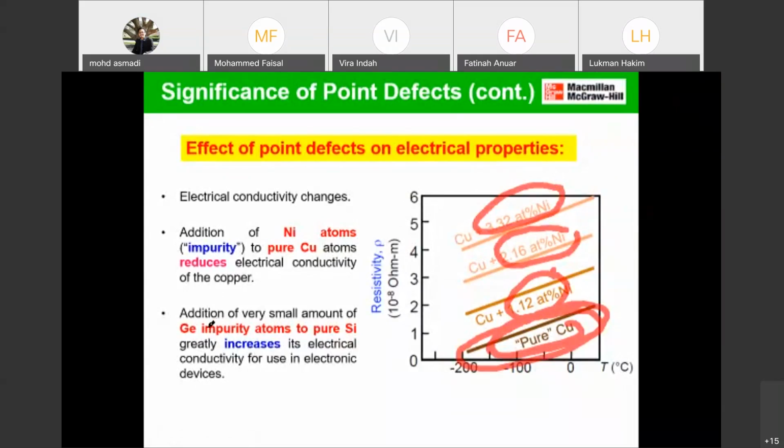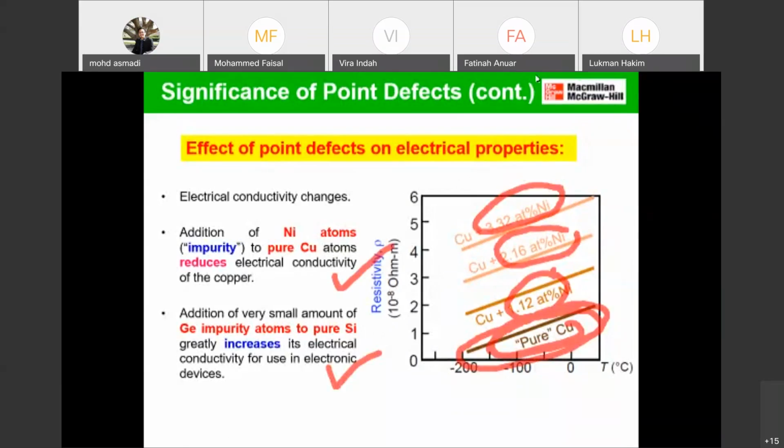However, if you add germanium impurity atoms to pure silicon, the electrical conductivity increases greatly compared with pure silicon. So this is the comparison in terms of electrical properties.